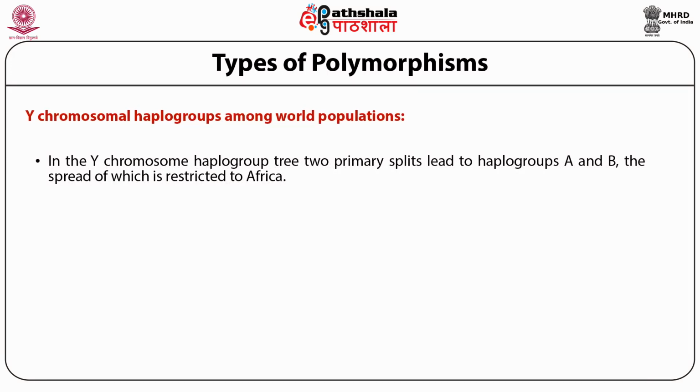In the Y chromosome haplogroup tree, two primary splits lead to haplogroups A and B, the spread of which is restricted to Africa. The remaining haplogroups form three subclusters that coalesce at the root of the CRM168 node, representing the majority of African varieties and non-African haplogroups.